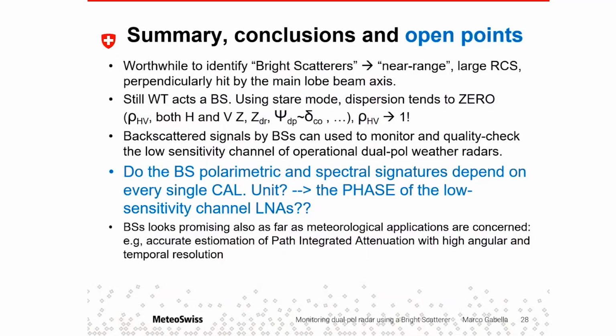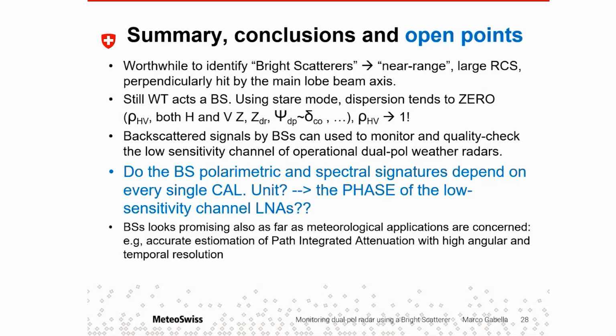Because really, I have, I don't know, 80 dBz plus minus 1 dBz. And when I have hail or melting hail between the radar and the bright scatterer, I have drops. I have seen drops of 20, 30, even 40 dB. They just last 5 minutes, but even 30 dB with the vertical polarization.